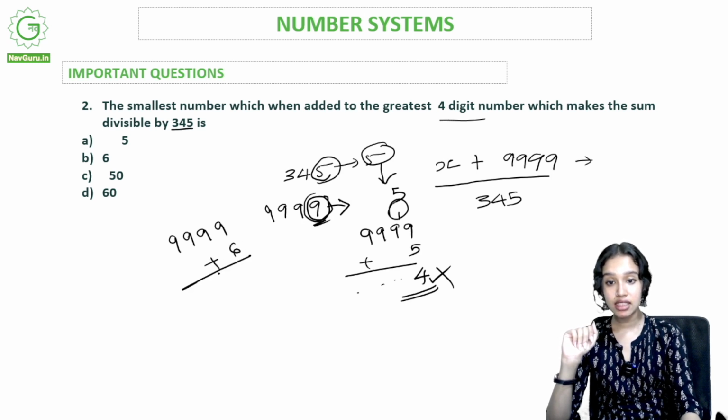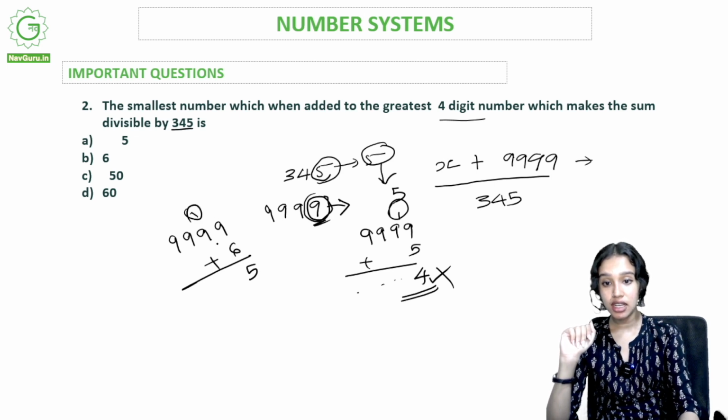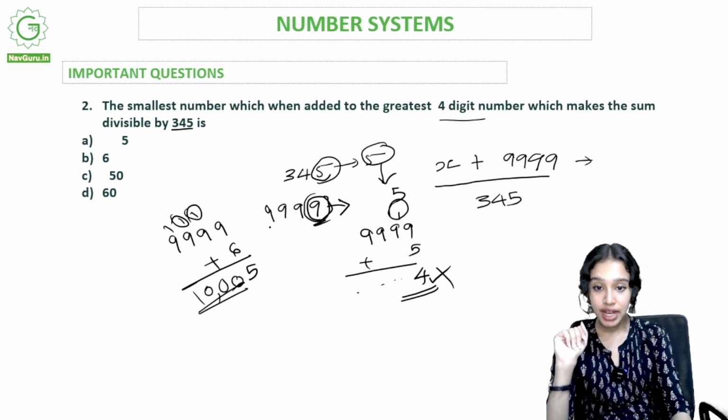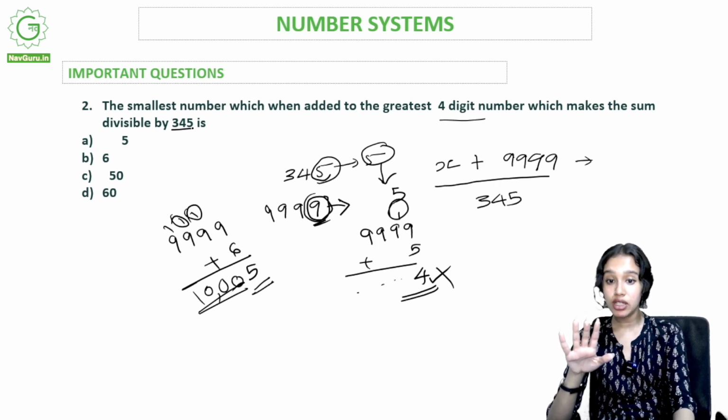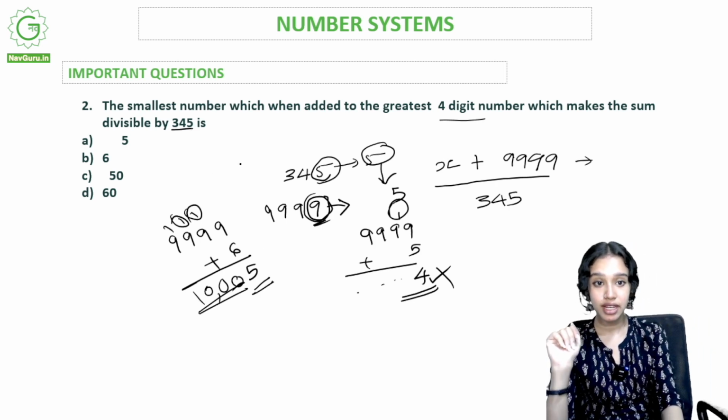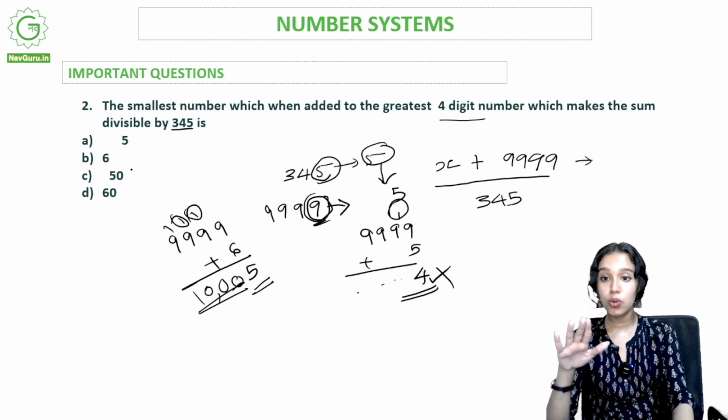When we add 6 to this, we get 9 plus 6, it's 15. 9 plus 1 is 10. Again, 9 plus 1 is 10. 9 plus 1 is 10. 10,005, which is a multiple of 345. And that's how we identify the number, which is 6.